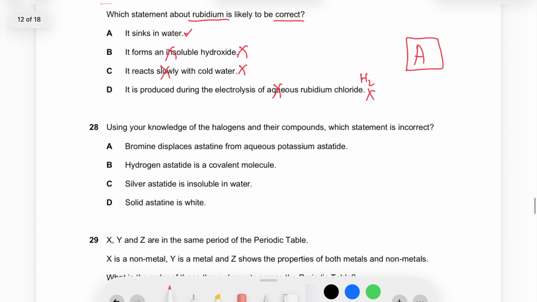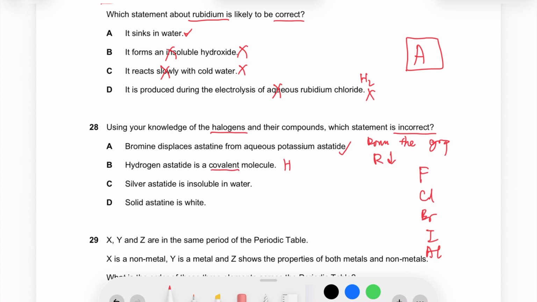Question 28, periodic table as well. So halogens. Which one is wrong? Incorrect. Okay, so reactivity decreases down the group. So fluorine is more reactive than chlorine, than bromine, than iodine. So they say iodine can displace astatine. Astatine is at the bottom, so this is true. Hydrogen astatide is a covalent molecule.